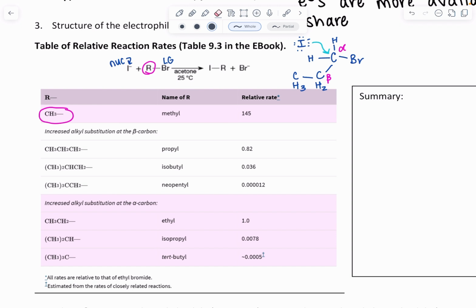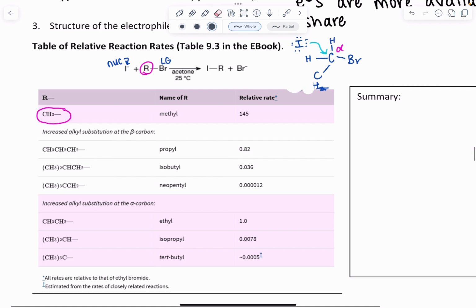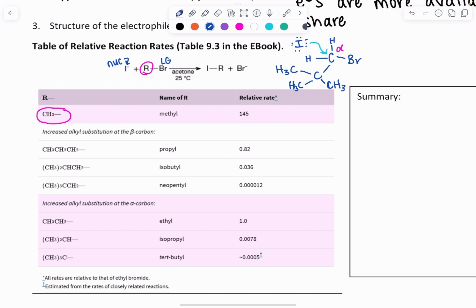So we have the beta carbon bonded to 3 additional carbons. So a greater number of branching carbons slows down the rate quite a bit.